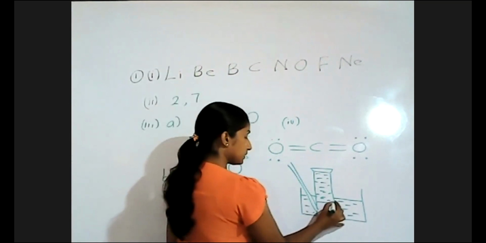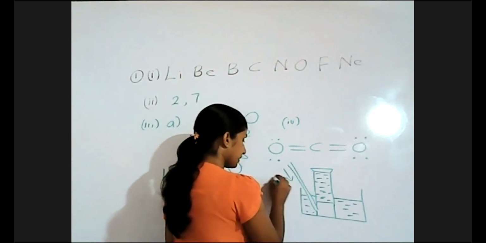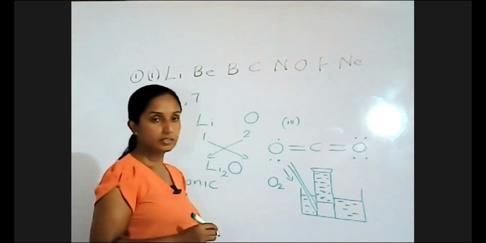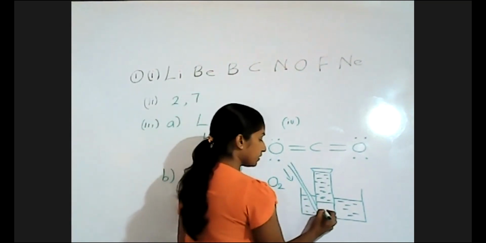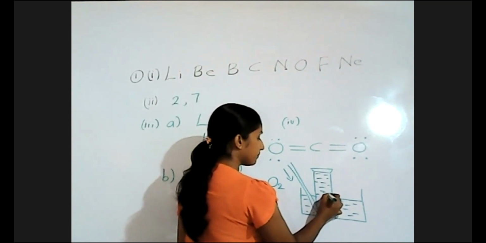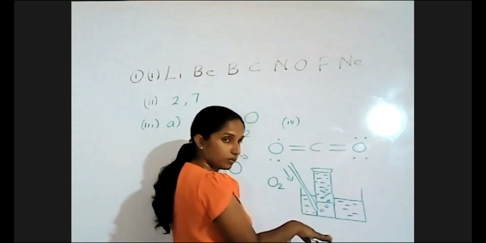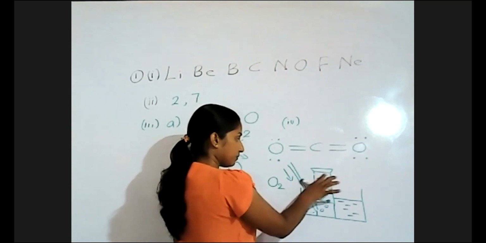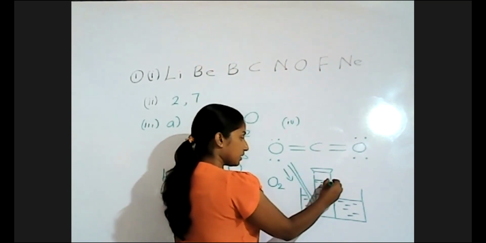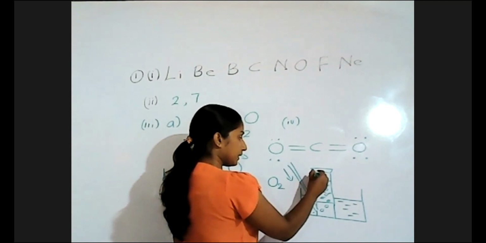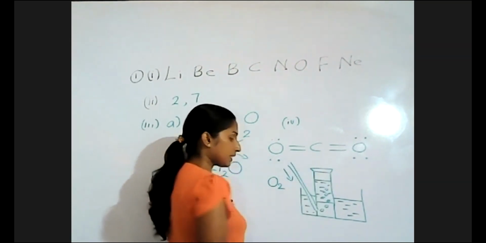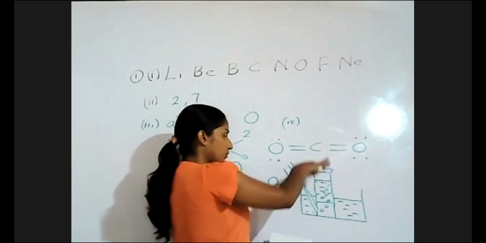When air bubbles come, that means oxygen gas is coming through the delivery tube. When the oxygen gas enters the gas jar, the water level goes down, and oxygen is collected at the upper part of the gas jar.